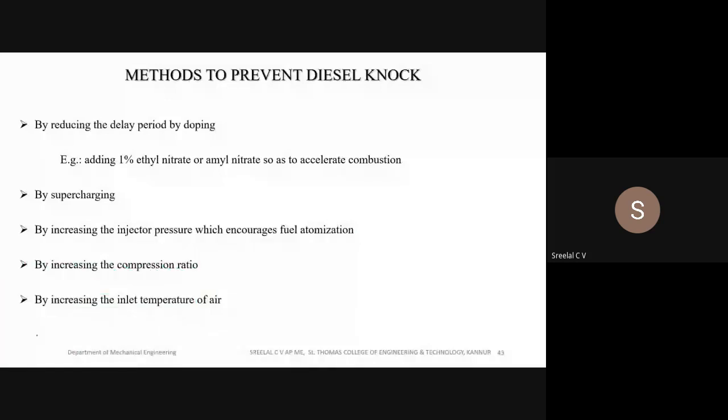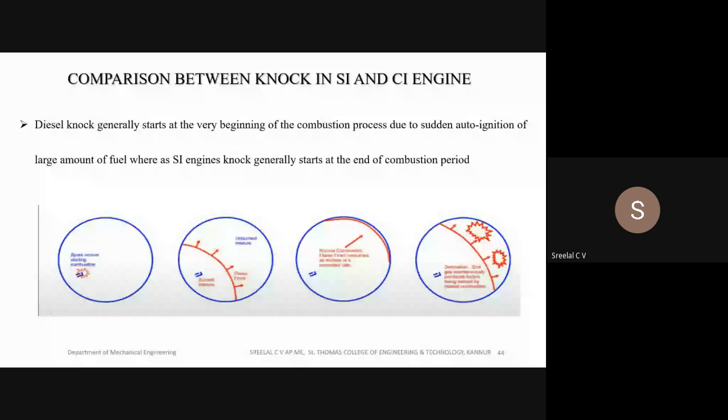So this is what we have already done, the comparison between knock in CI engines and SI engines. We have to understand that diesel knock starts at the beginning of combustion. Combustion stage നമ്മുടെ start of injection മുതൽ start of combustion വരെയാണ് നമ്മുടെ ignition delay period. If that period is extended, then more fuel will accumulate in the combustion chamber.